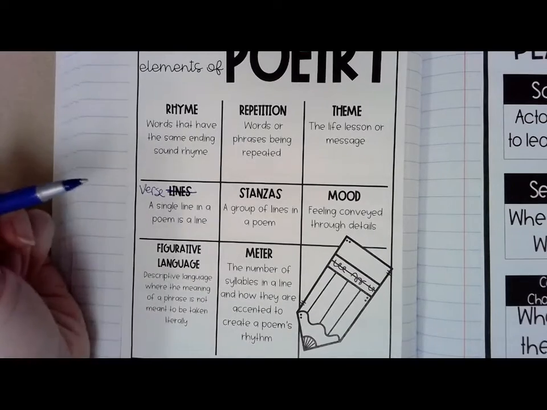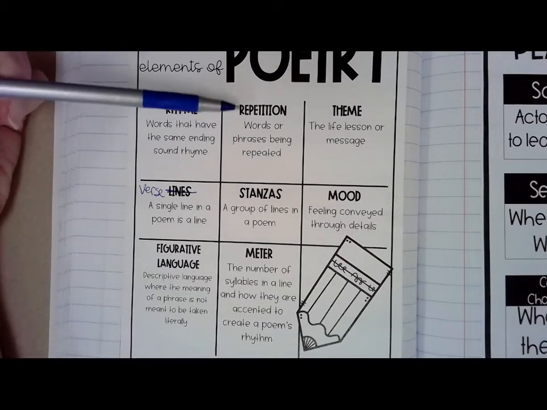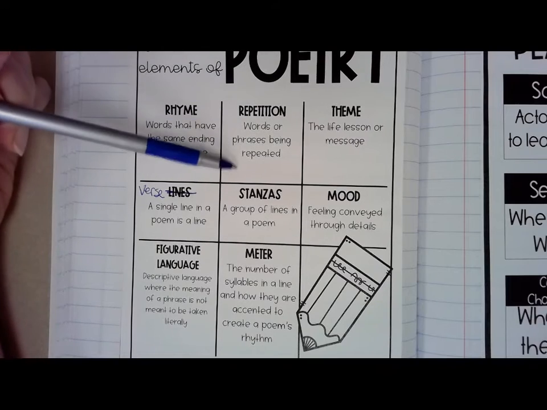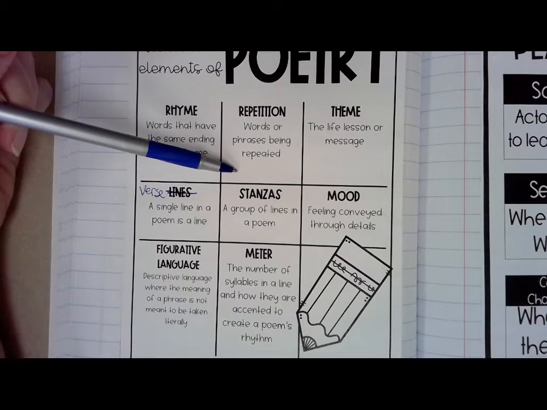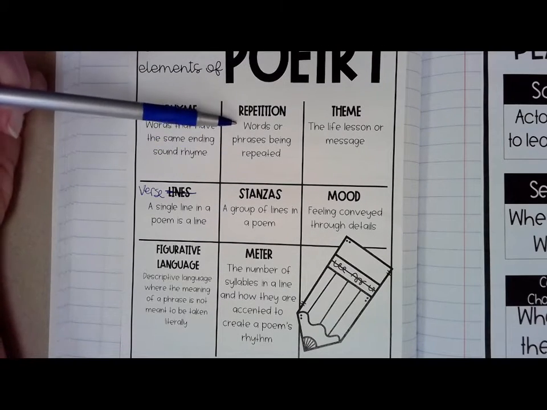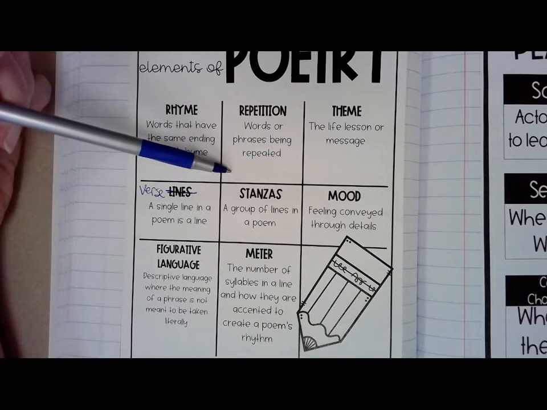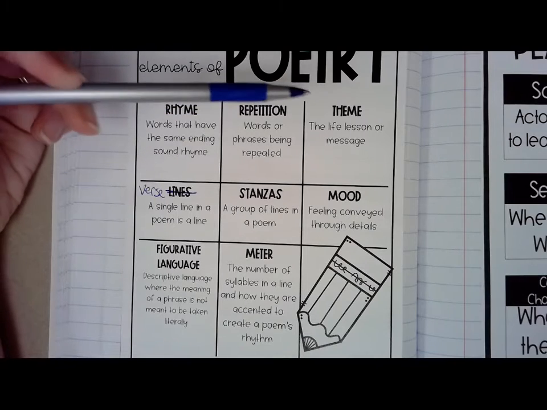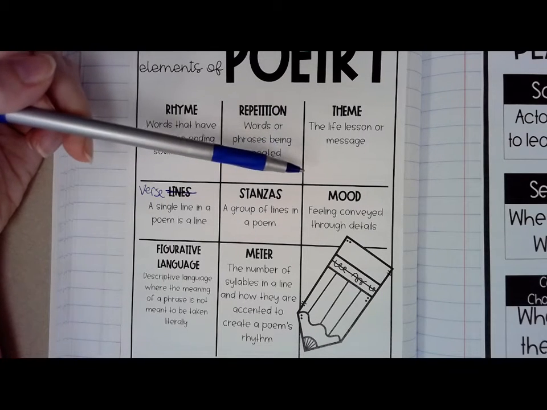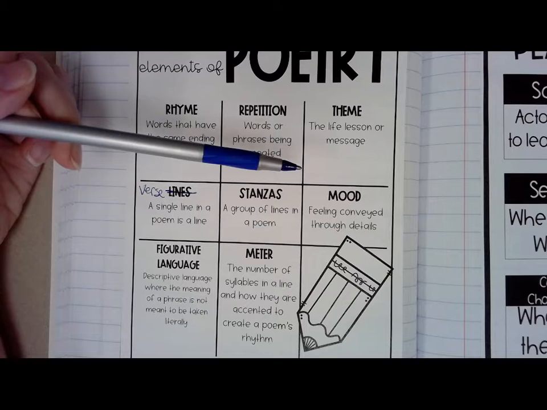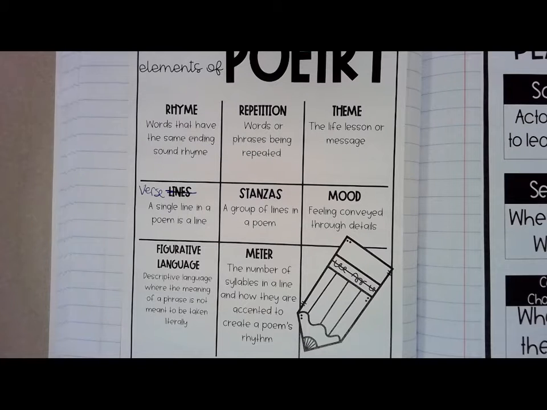Yeah, I spelled that right. So sometimes in poetry we have repetition. So sometimes the last word in a stanza will always repeat. So it could be words or phrases that repeat. That's repetition. Theme is a lesson or a message in the poem. That's something that was also in prose, but it can also be in poetry.